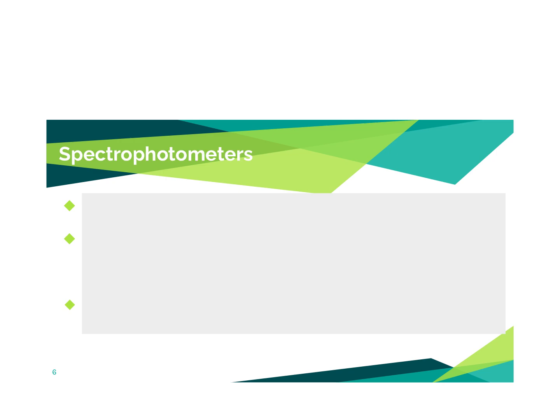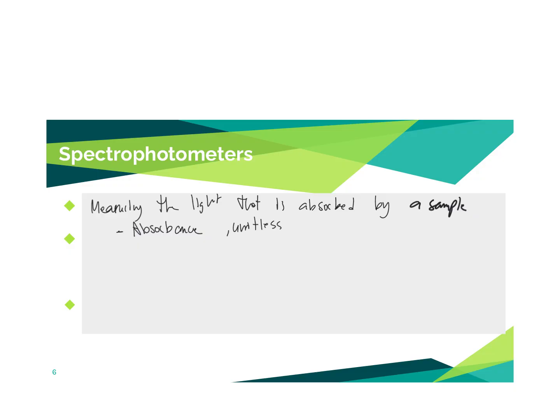And so what we're actually doing when we use a spectrophotometer is we are measuring the light that is absorbed by a sample. And we call that measurement the absorbance. And this actually is unitless. Absorbance doesn't have any units associated with it.